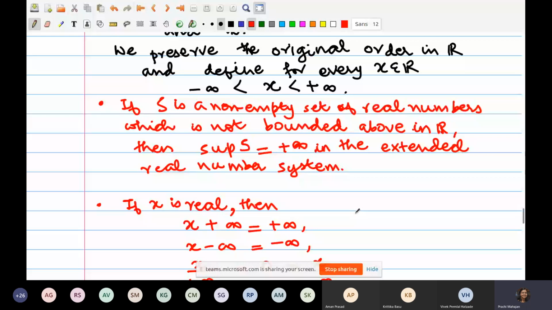When this set is not bounded above in R but is non-empty, we say this symbol is the supremum in the extended real number system. It's just a notation, a convention, nothing more than that. I'm asking why is this convention necessary? We will see.